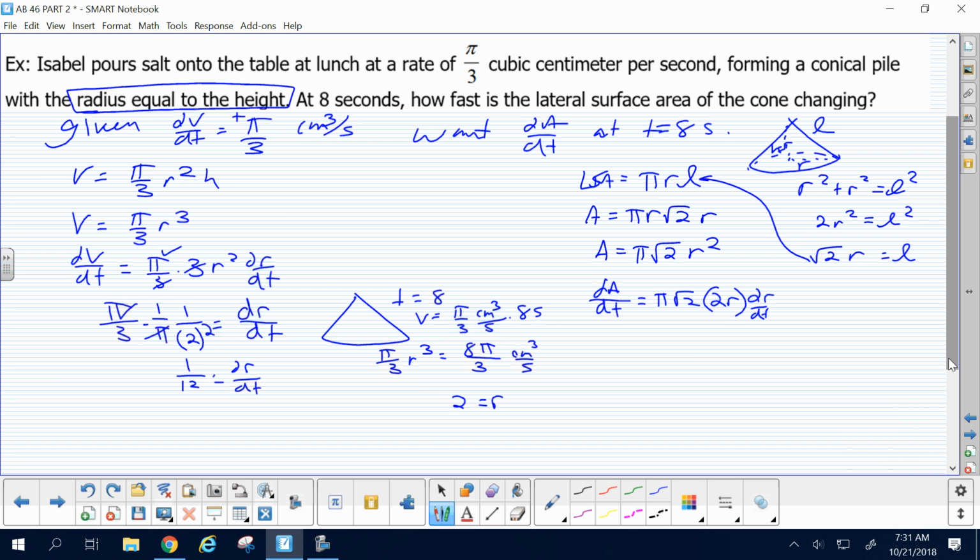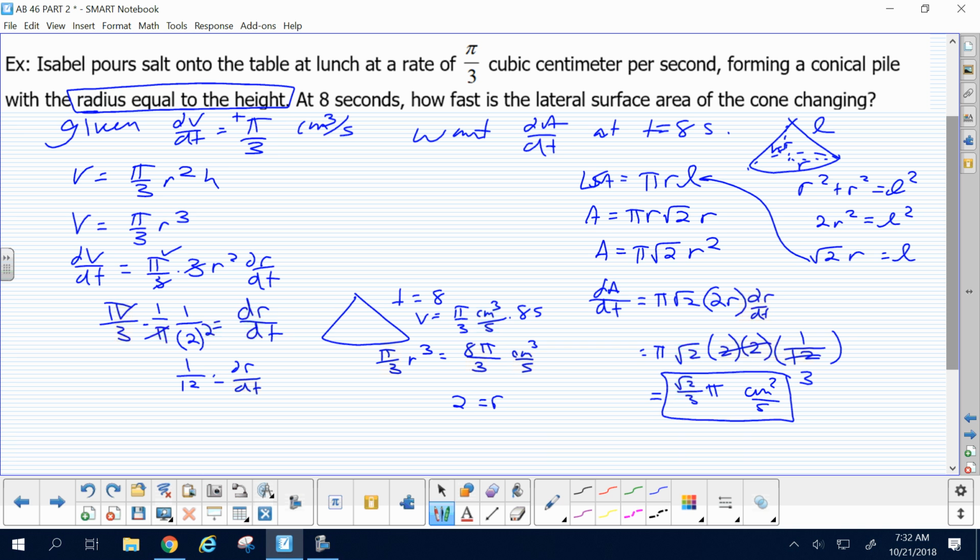You know that at the instant, the radius is 2, dr dt is 1/12, so the surface area is changing at a rate of root 2 over 3 pi centimeters squared per second, area over time.